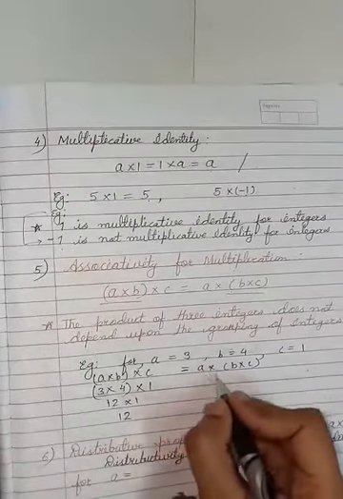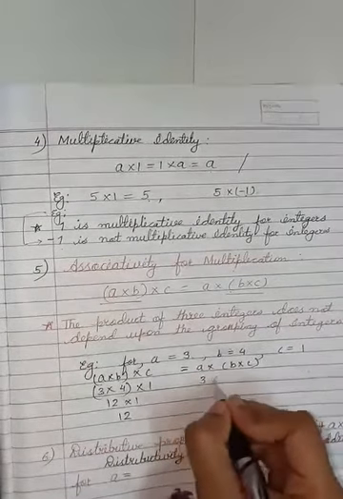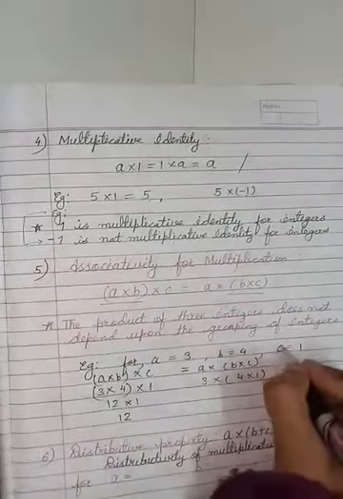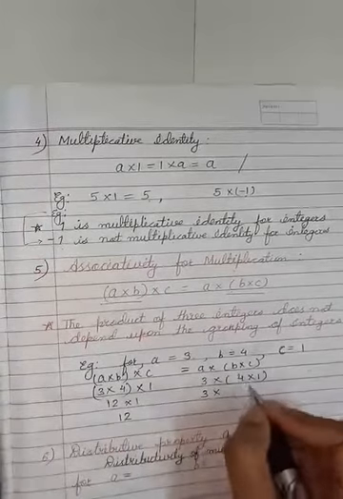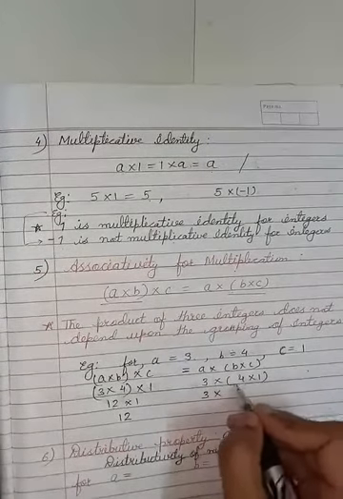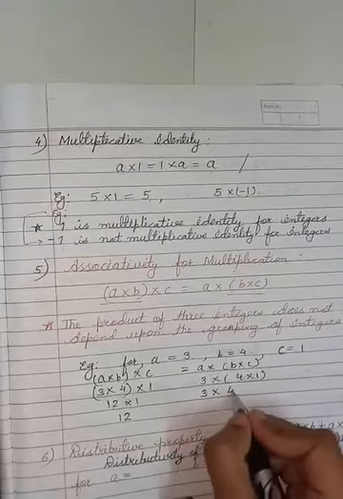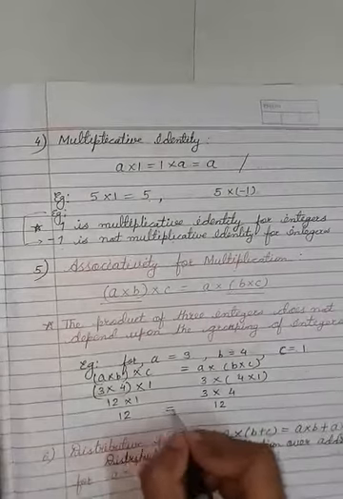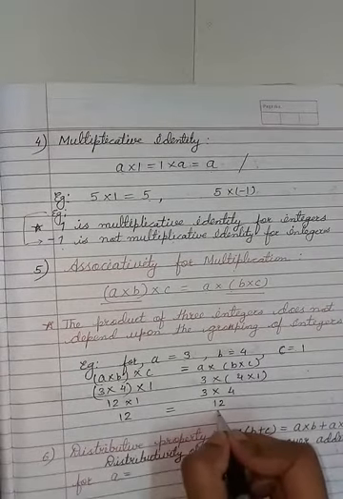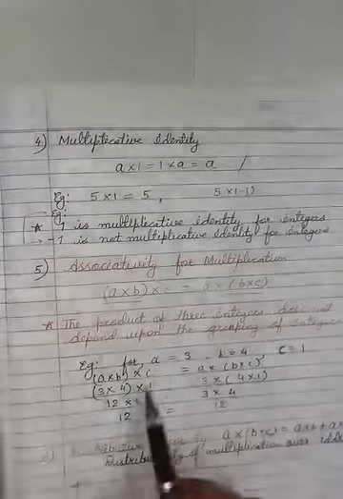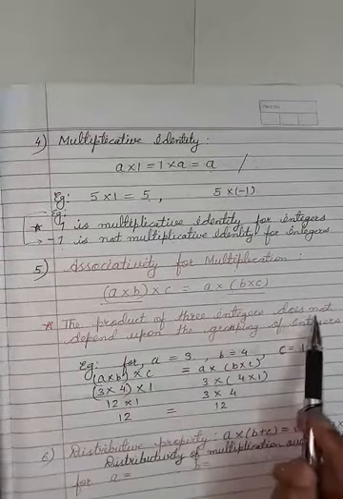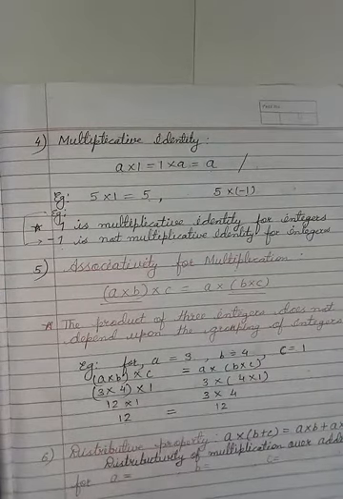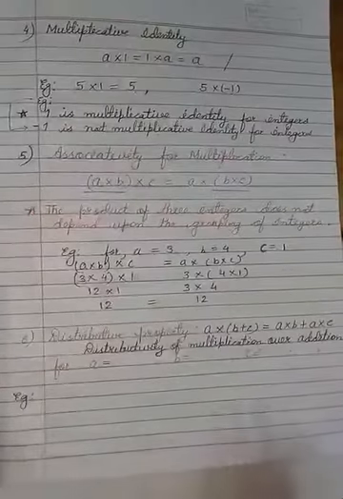On the right hand side, a is 3, b is 4 and c is 1. We write 3 as it is and first solve the bracket: 4 ones are 4, and 3 fours are 12. So LHS is equal to RHS. The product of three integers doesn't depend upon the grouping of integers. We can group as we want.